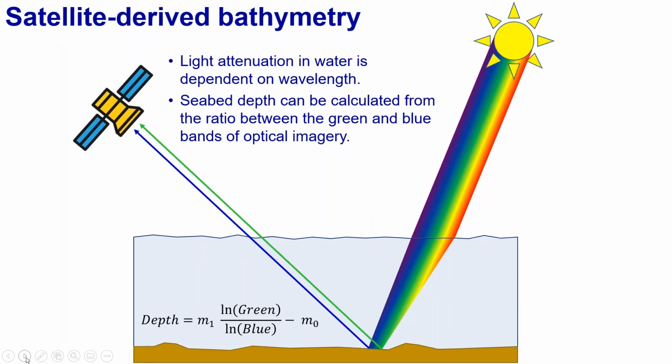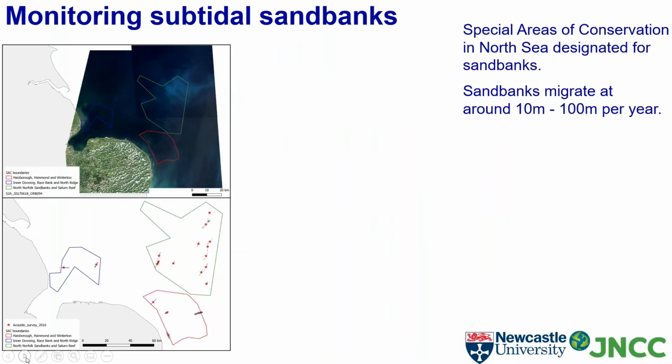And this is actually something that we've been working on in JNCC recently in conjunction with Newcastle University. This was an area of interest for us because we've got special areas of conservation in the North Sea. There's 3 of them shown on the map there, which are designated for sandbanks, Annex 1 features, which JNCC and Natural England together have responsibility for monitoring.